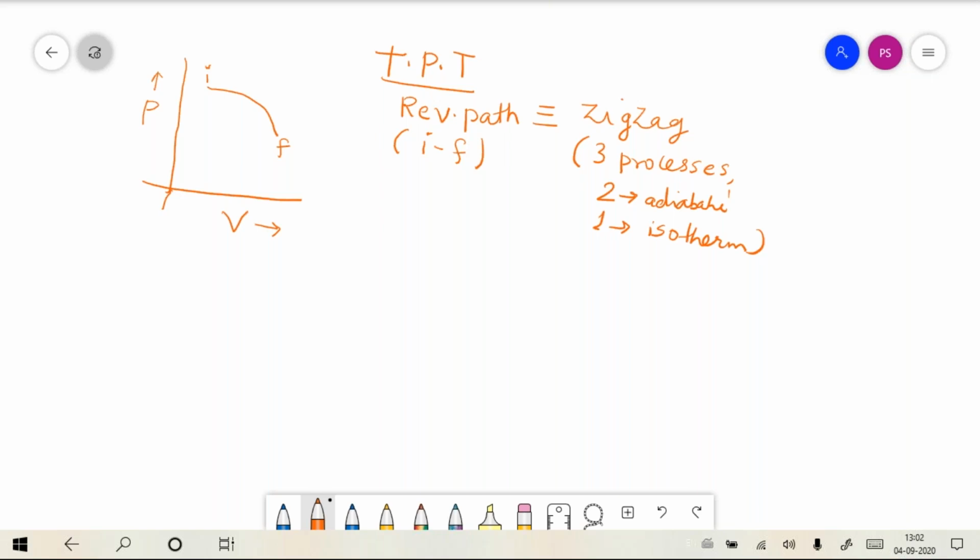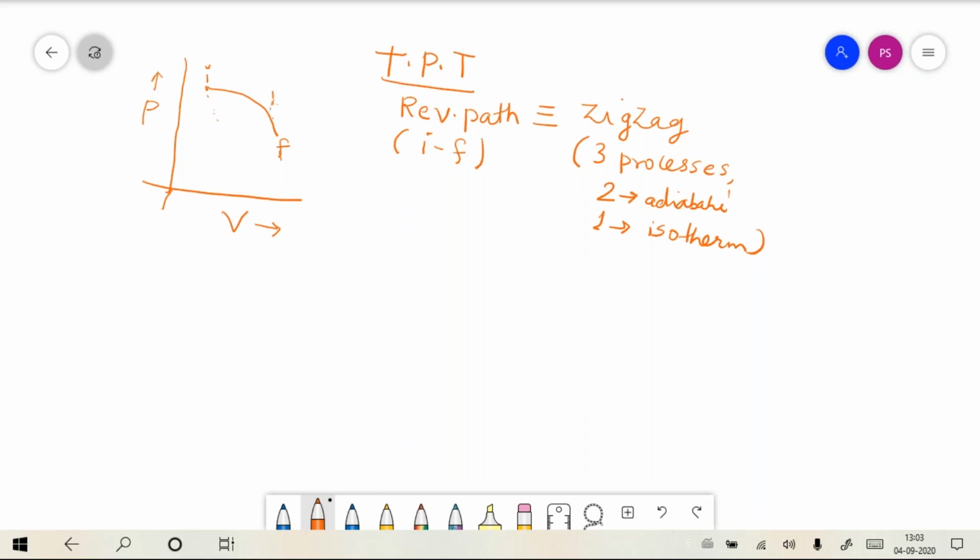reversible adiabatics. Let me draw adiabatic lines. Let us say this is adiabatic, this is adiabatic.